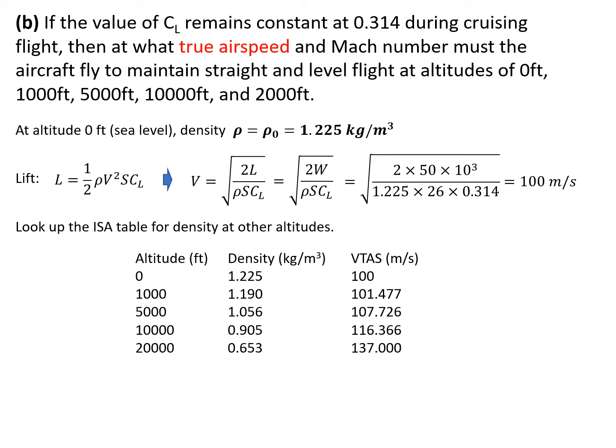So that's a practice for you to do, and you should use linear interpolation to find the density at each altitude, and then we just replace the density in the above formula, and we can get the true airspeed at each different height. And we can see with the same constant CL, if the altitude increases, the true airspeed also increases.